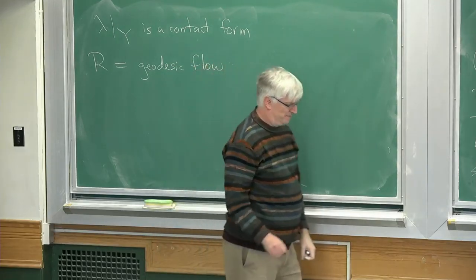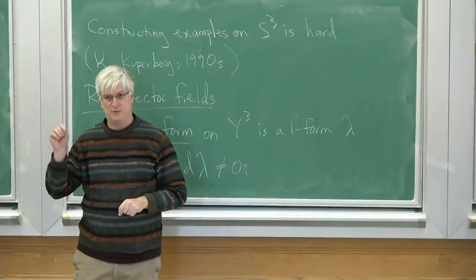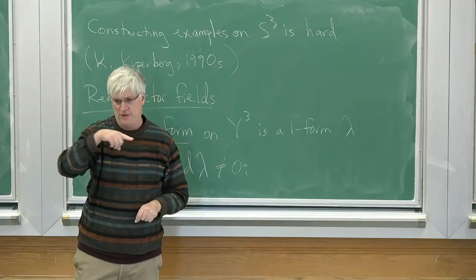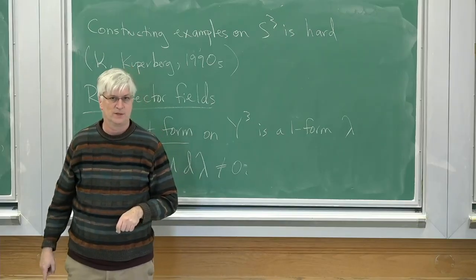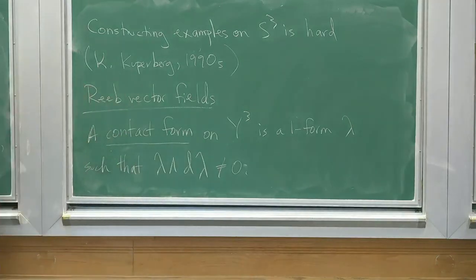So it's the vector at any point in the unit tangent bundle. It points you in the direction of the geodesic at that point.